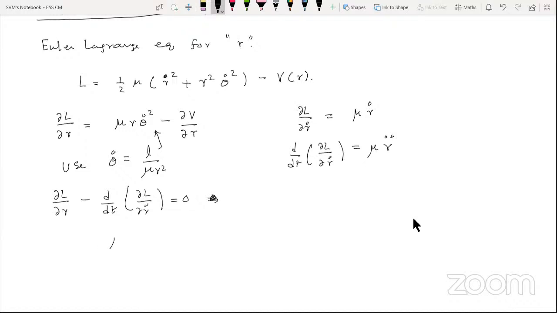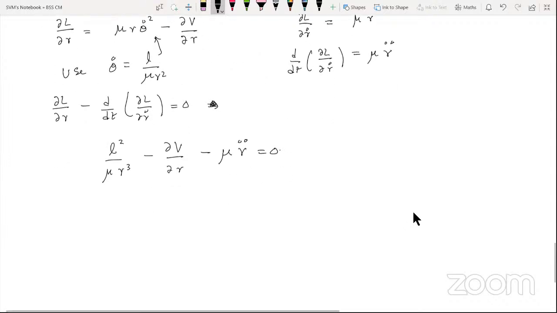So that will be L square by mu R cube, minus dou V by dou R, minus mu R double dot is equal to 0. In other words, we can write this as mu R double dot is equal to minus dou V by dou R plus L square by mu R cube.